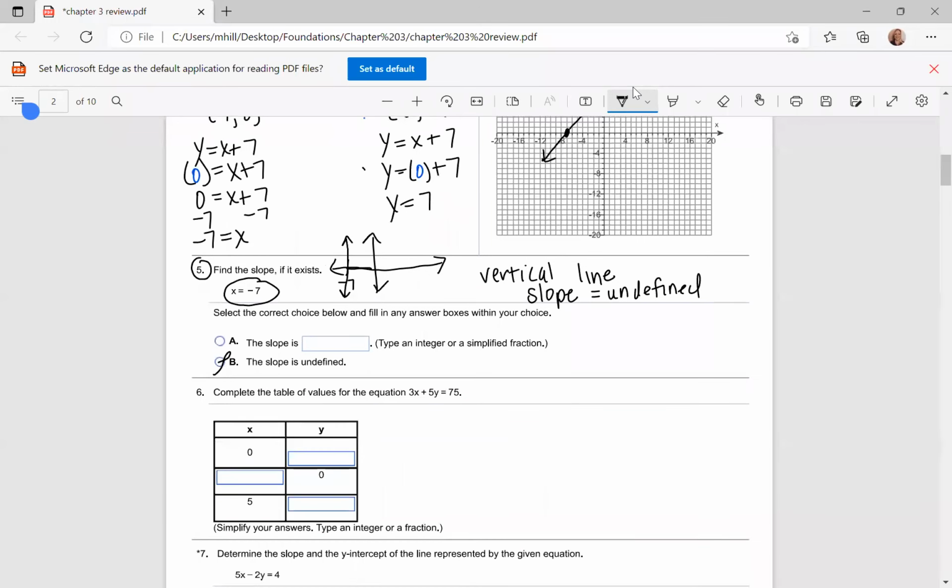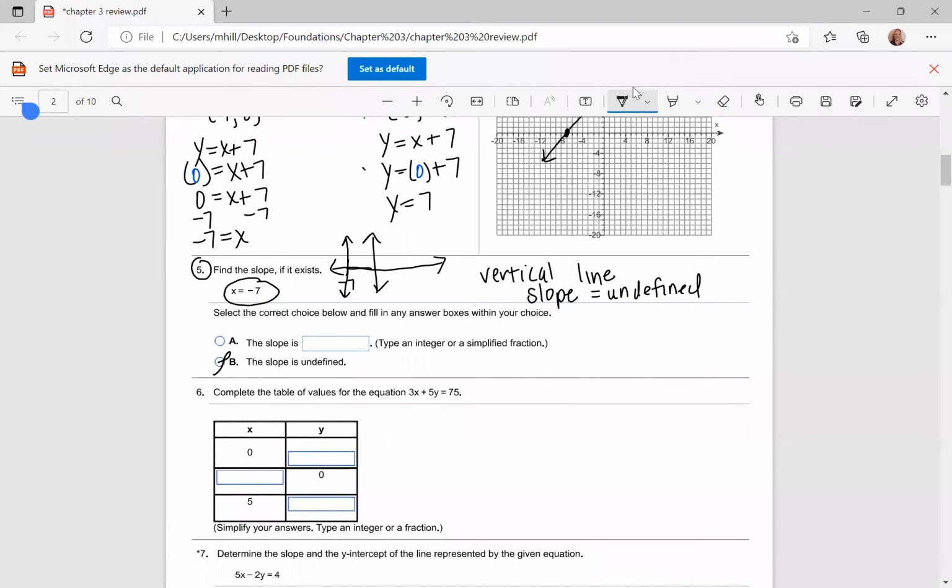Slope is undefined if it's x equals. If it's y equals, your slope is going to be 0. And when I'm saying that, I guess I should clarify that if it's y equals just a number, not a whole equation.